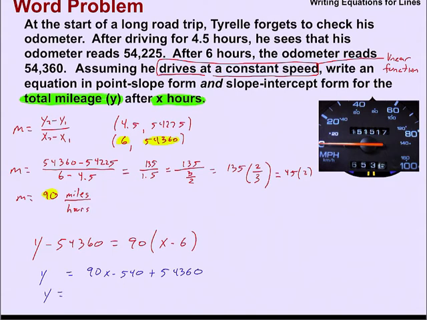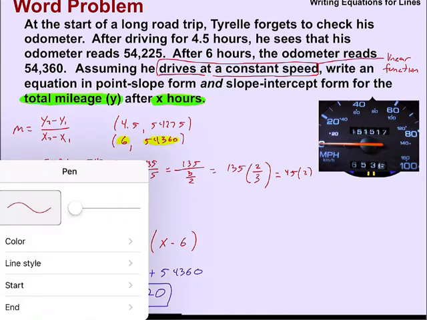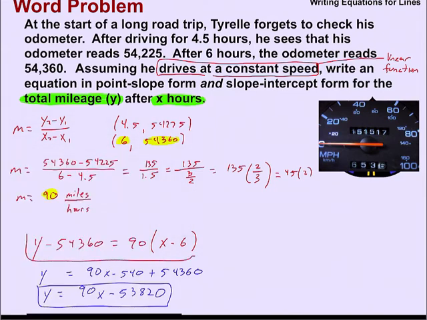And then I can combine those like terms, the negative 540 and the positive 54,360. And so that is the equation in slope-intercept form. And this is the equation in point-slope form.